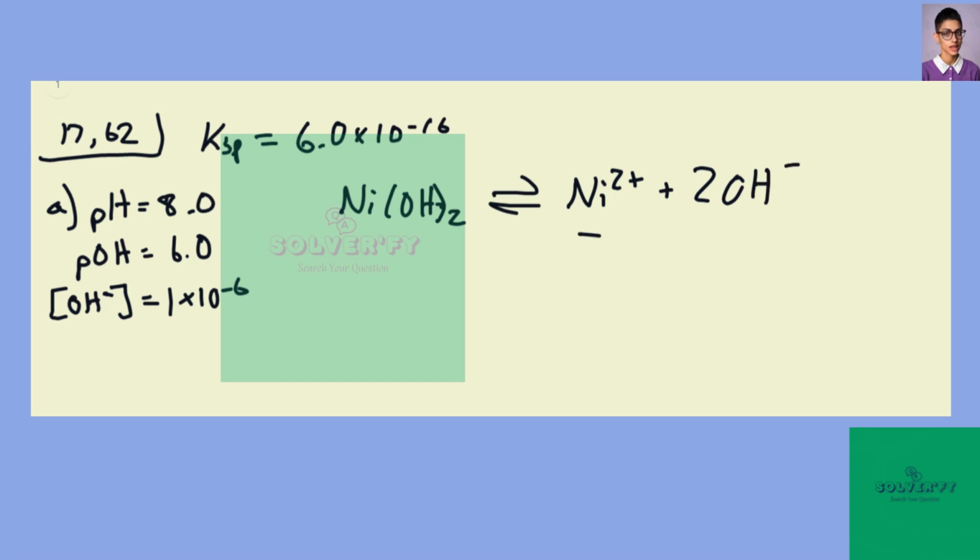So we have no initial concentration of nickel, but we do have an initial concentration of hydroxide based on the pH of the solution, which is 1 times 10 to the minus 6. So we add x to both of these, and so at equilibrium it is x for nickel and 2x plus 1 times 10 to the minus 6.